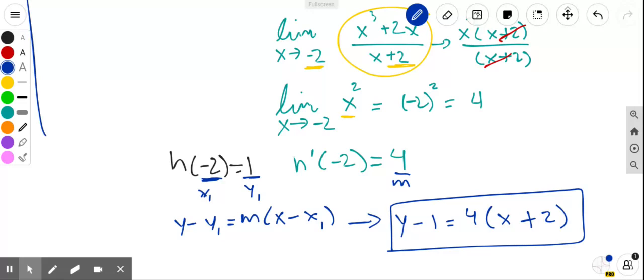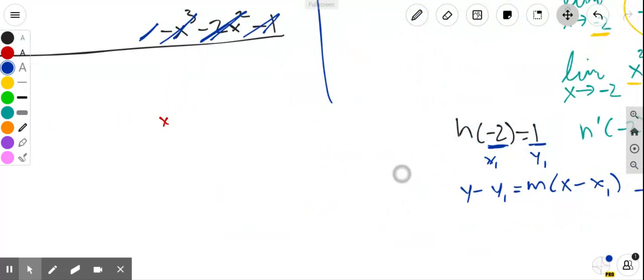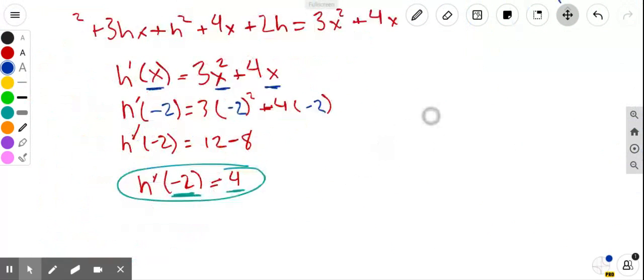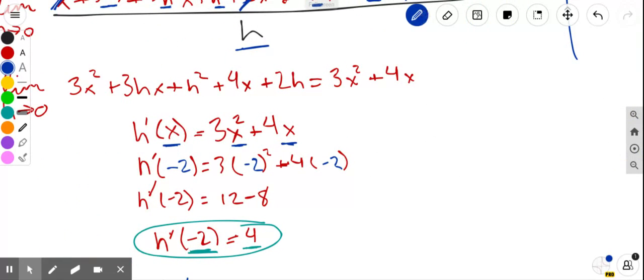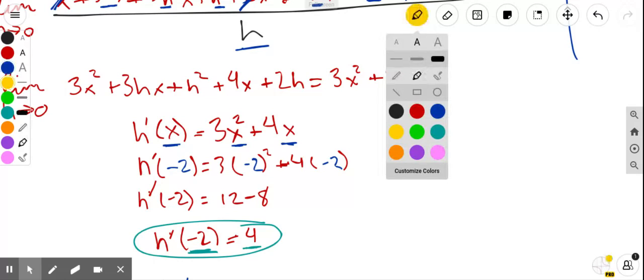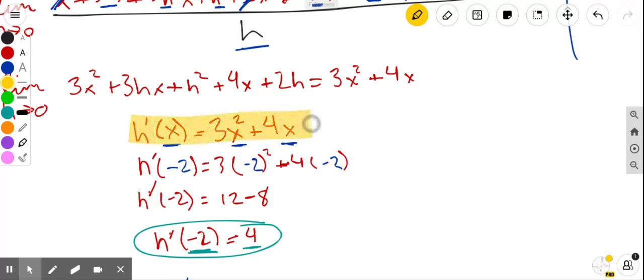Versus the formal definition: once you have this right here, it's a lot more work, but for any x value, you plug that in and it will give you the slope at whatever x value you give it. So you can generalize this a little more.